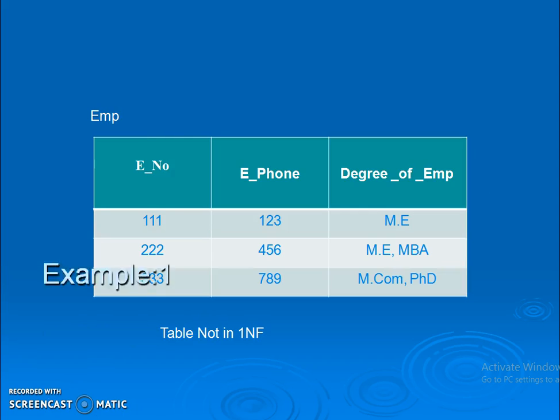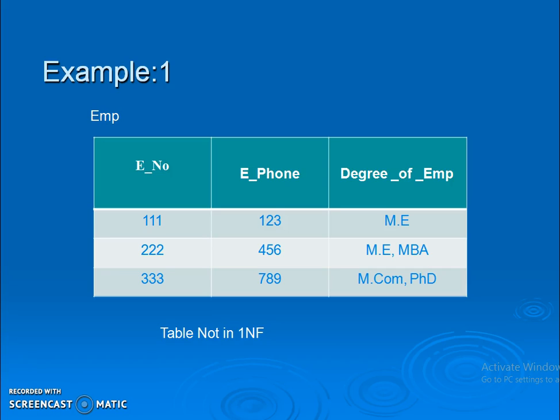Here is example one. We have a table EMP in which there are three attributes: E number, E phone and degree of employee. Here we have three records, three rows.